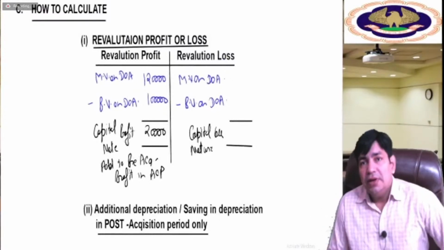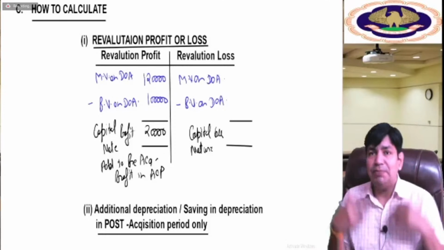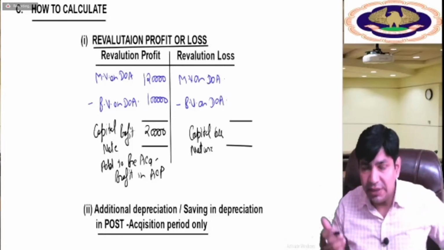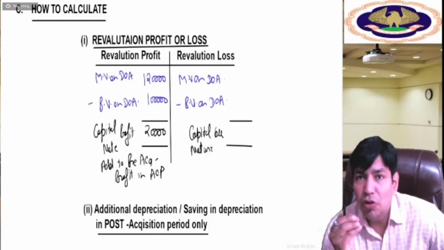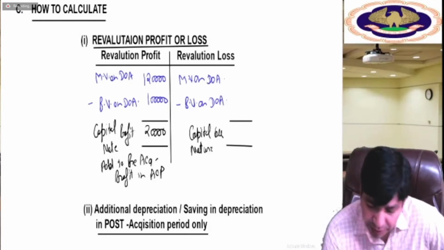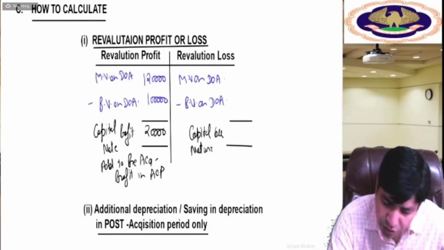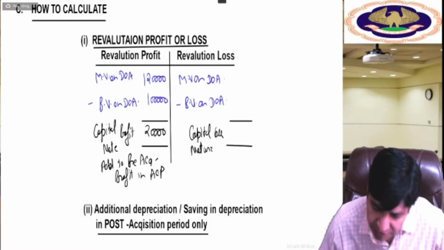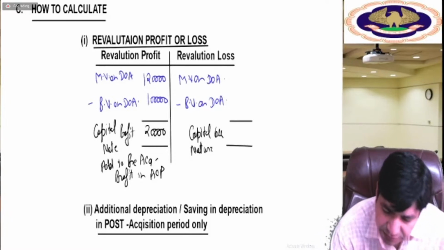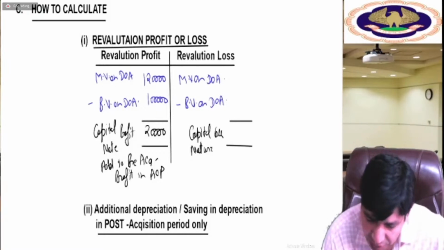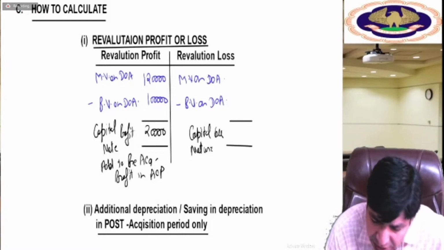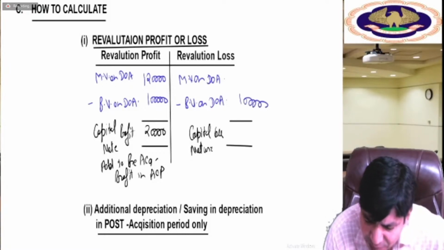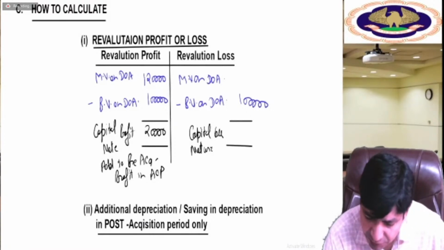Okay, done. Now, another part is there, the opposite part. Suppose market value is not always on the upper side. Sometimes it happens the market value is on the lower side. Okay, beta. So suppose book value will not be changed. Of course, book value will be the same if we calculate in the same manner.